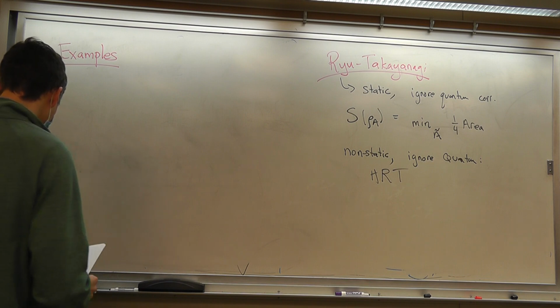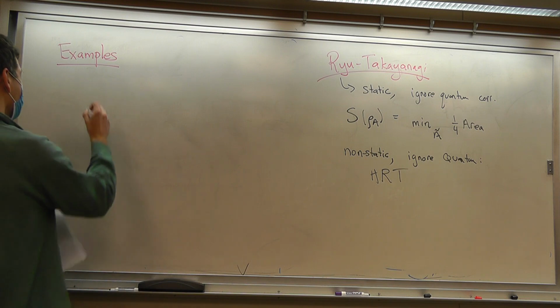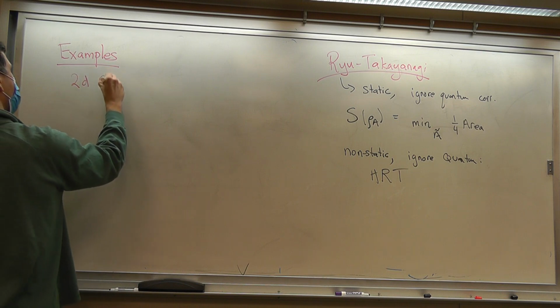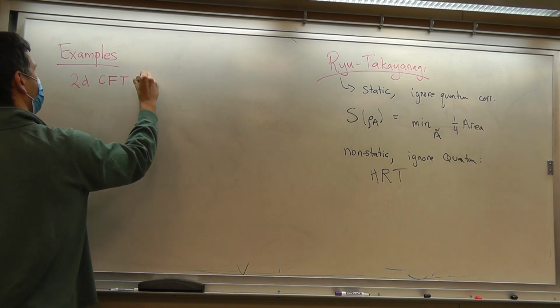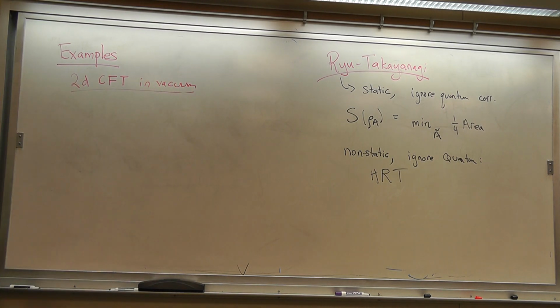So I'll go through a few examples of increasing intricacy and interestingness. Let's start with the easiest one, which is a 2D CFT in the vacuum. If you recall, this is the Cardy-Calabrese calculation that we did in great detail using the replica method in CFT.